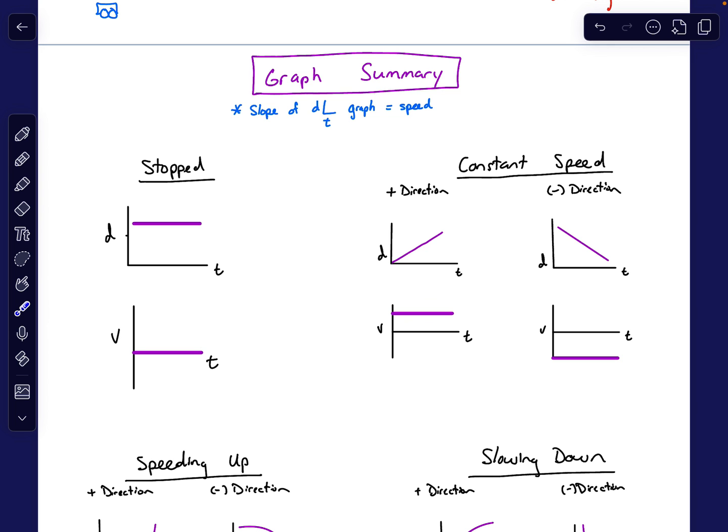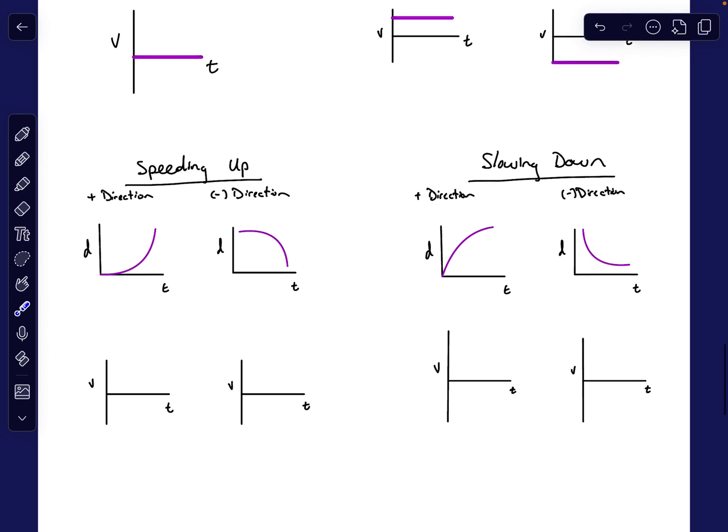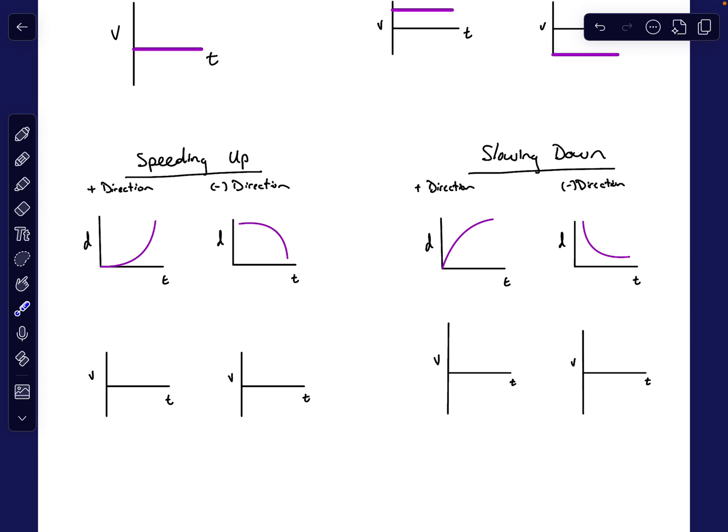If we take a look at a graph that's speeding up or slowing down, we can use a similar idea using the fact that the slope of the distance graph, where it becomes tangent to the line, is the speed. So in the beginning of this graph, my tangent line does not have a very steep slope. In the middle, it's getting a little steeper, and at the very end, that tangent is pretty steep.